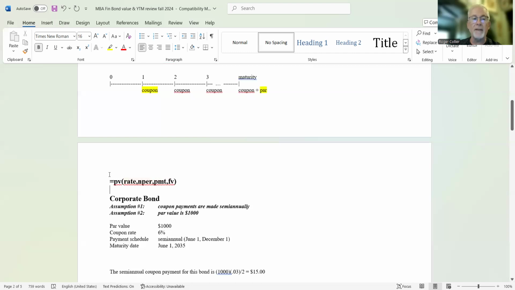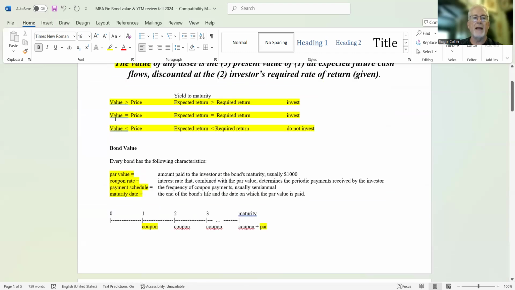Once you've done that, close the parentheses, hit enter, and it will give you a dollar amount. That dollar amount is the value, and it's the value that we compare to price. Then we take the next step and calculate the yield to maturity and compare that to the required return. We'll get to that calculation in a second.